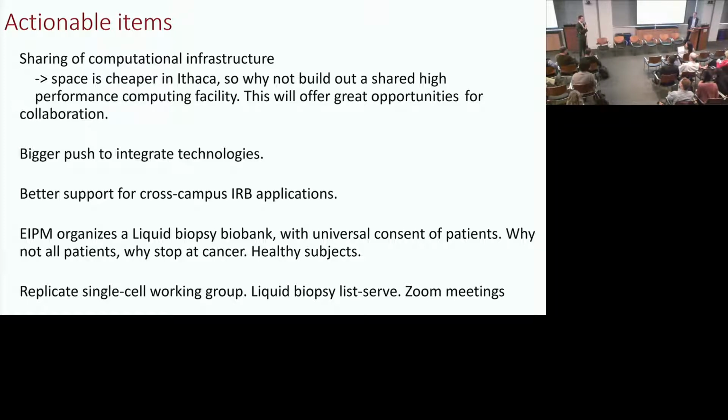This biobank has the potential to become very big. The numbers we have now are around 200,000 people enrolled in this potential biobank that the dean will help us fund. So we want to make it very helpful and include as many cohorts of interest as possible.